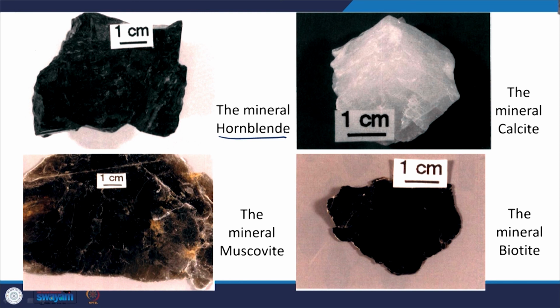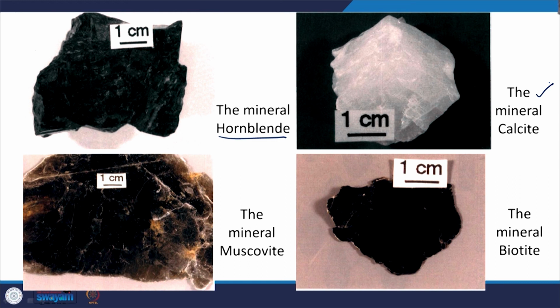In this case you have two cleavage planes at 120 degrees and 60 degrees. The next one is the mineral calcite. It can be scratched by a knife and it has vigorous hydrochloric acid reactivity. So, keep that in mind.